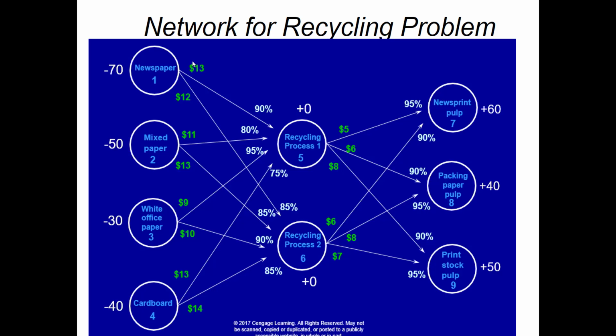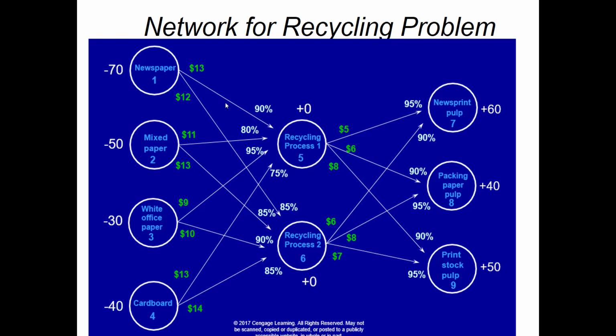The cost of this production is going to be based on the amount of material that we process. So X1,5 is the newspaper that has been processed using the first recycling process. The cost of this one is going to be 13 times X1,5, and then we have 12 times X1,6, which is the newspaper that has gone through the second process, and so on.